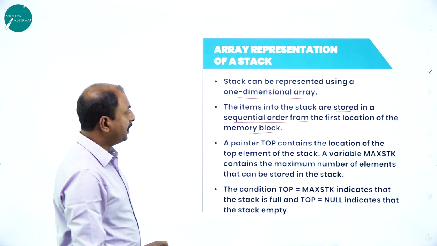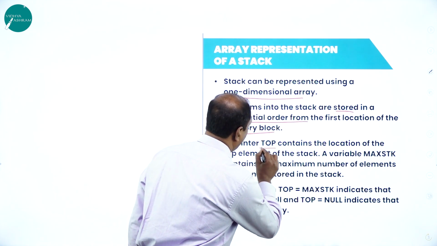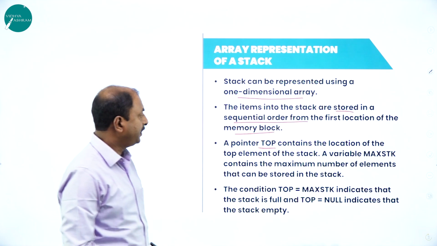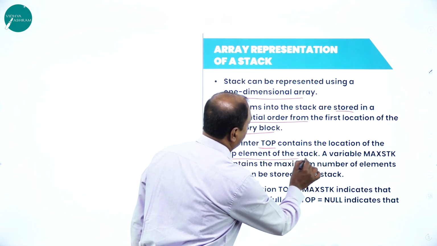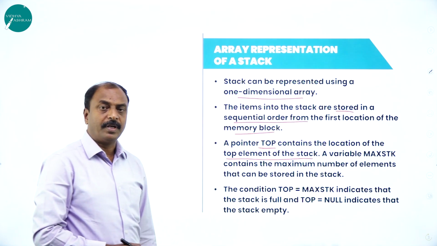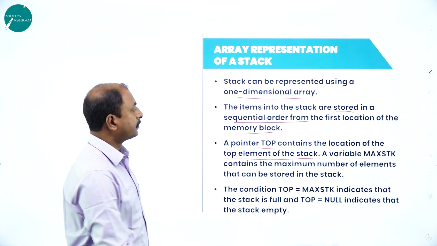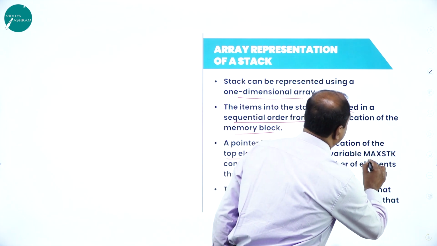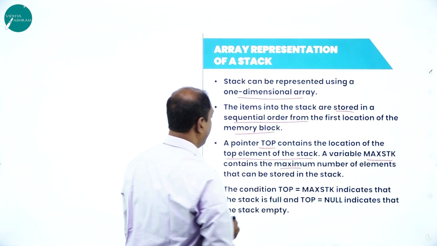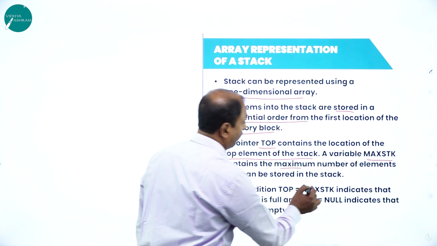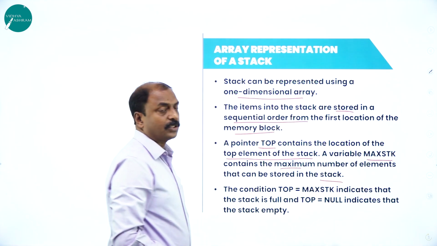Now a pointer top contains the location of the top element of a stack, or the top element of an array. The variable max stack contains the maximum number of elements that can be stored in the stack, or we can say the size of the stack.